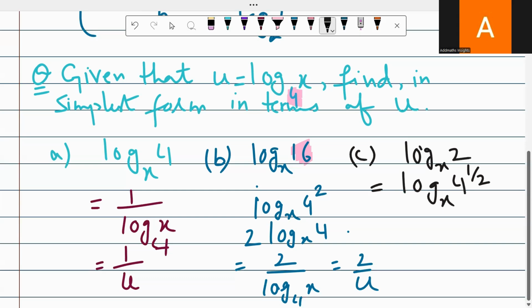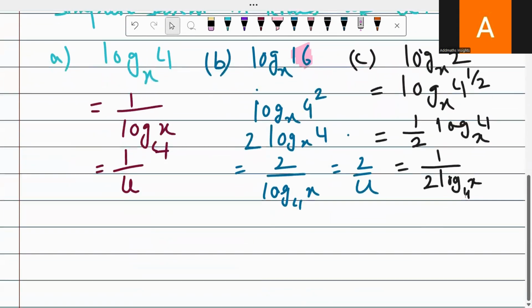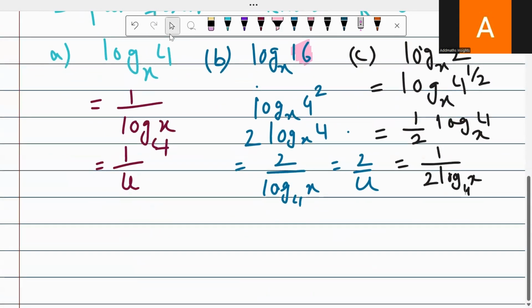Now you see the index is 1 by 2. We first apply the power law, so this becomes 1 by 2 times log base x of 4. Now you apply the change base law. We take its reciprocal and write log base 4 of x. And then the final answer is 1 by 2 times 1 over u.